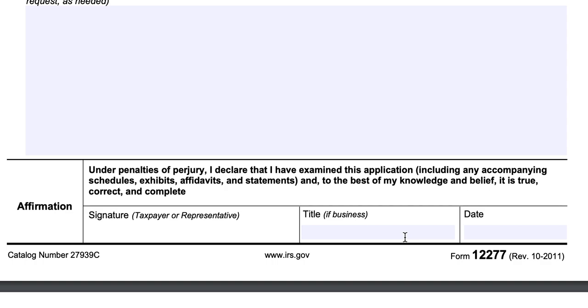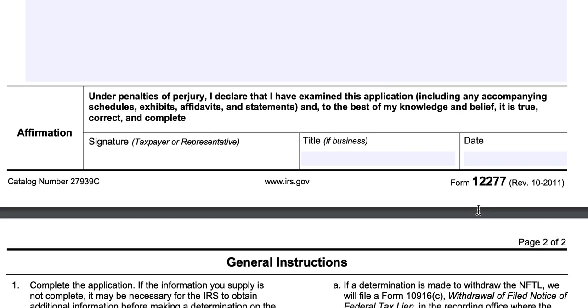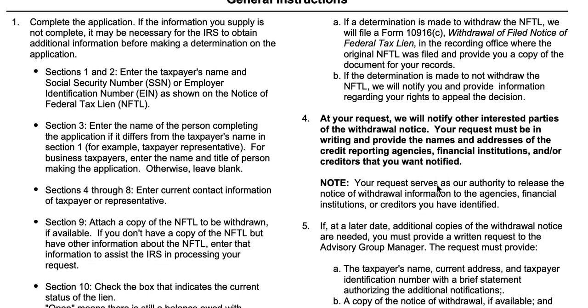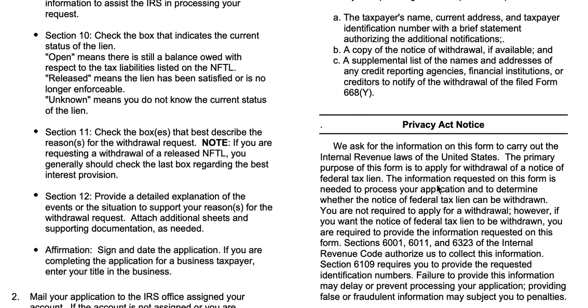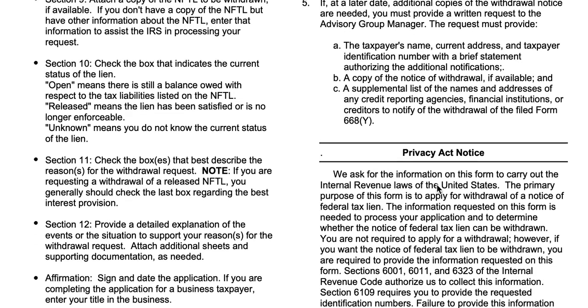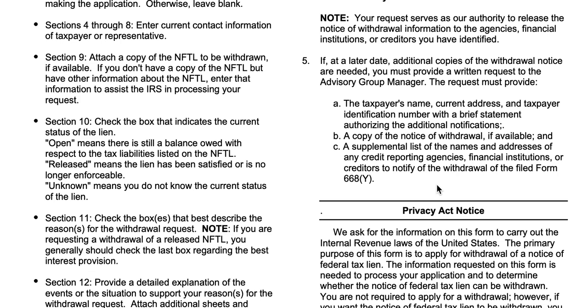If you have a business, then you would enter your title in the signature block and enter a date. And if you have any other questions, you can always refer to the back of the form. You will need to mail this application to the IRS office that's assigned to your account.